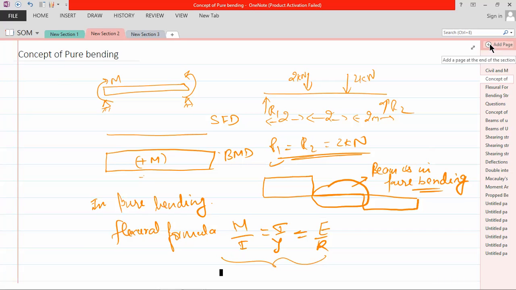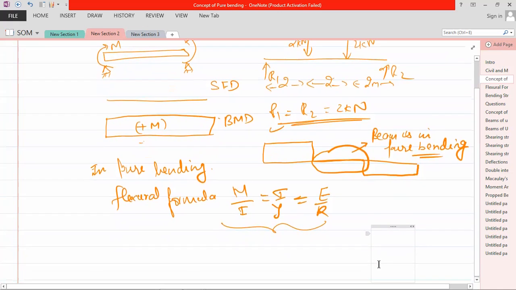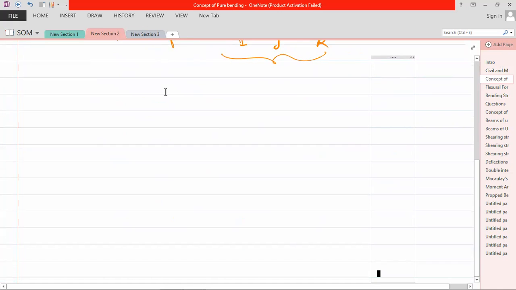Now, suppose I apply a load. Suppose there is a beam, and a load and a couple is acting like this.